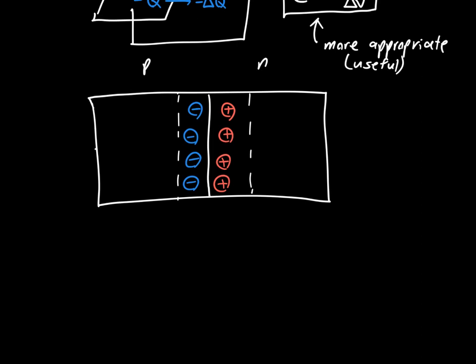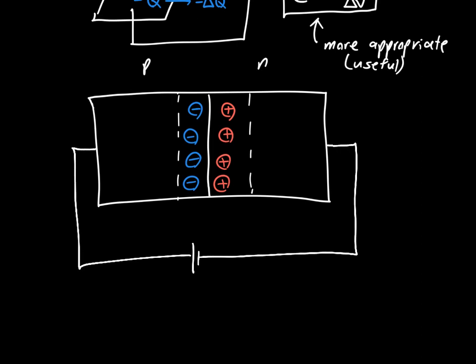Assuming we apply a certain voltage to this diode, say a positive forward bias, then we've also got some excess holes, delta P on the N side, and some excess electrons, delta N on the P side.